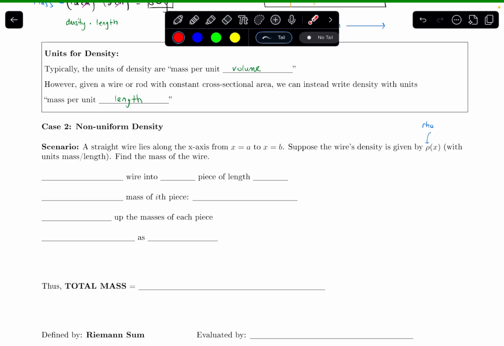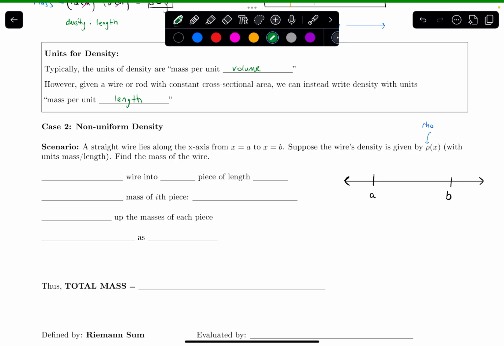So let's begin by drawing a picture. I'm going to draw the x-axis because the problem tells me the wire is on the x-axis. So my x-axis, it tells me the wire is in between the points when x is A and when x is B. On that portion of the x-axis, that is where the wire is.